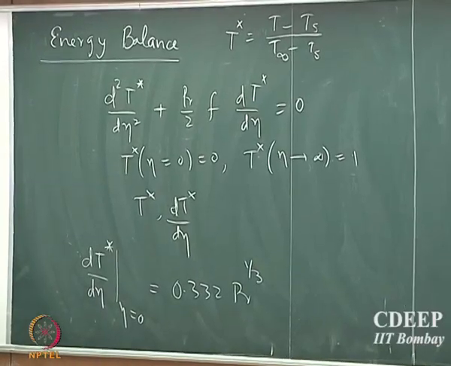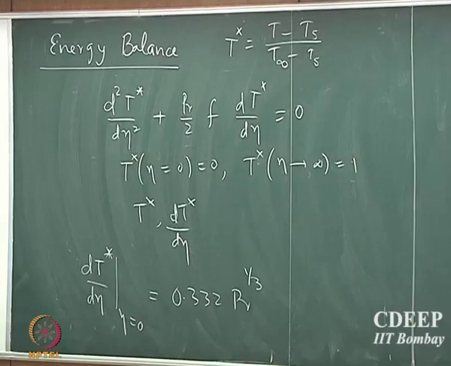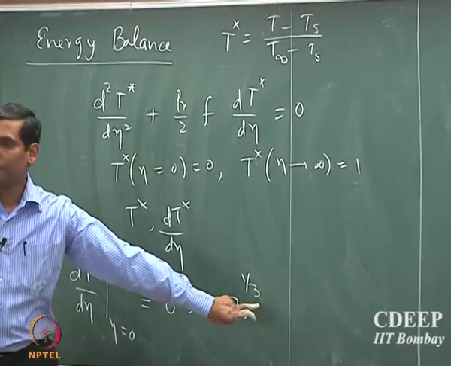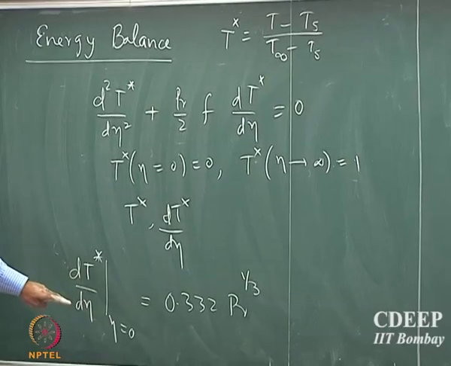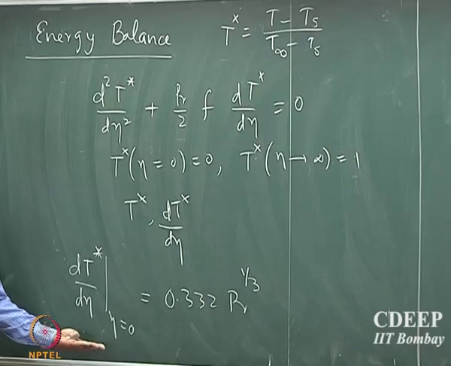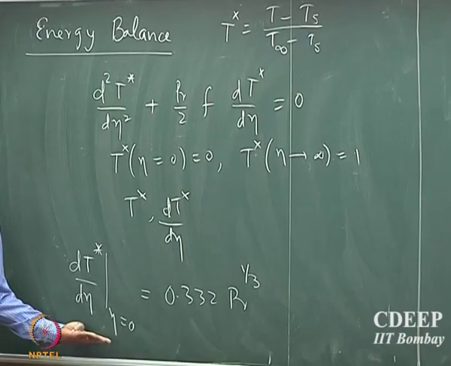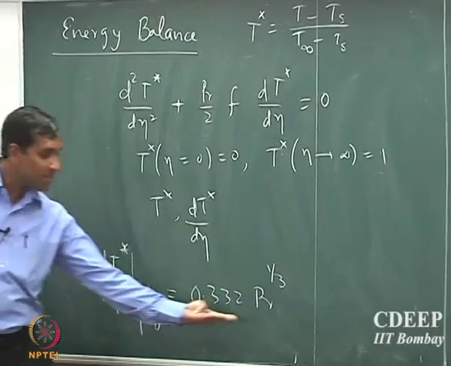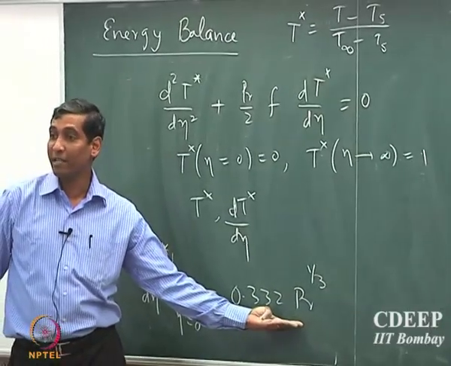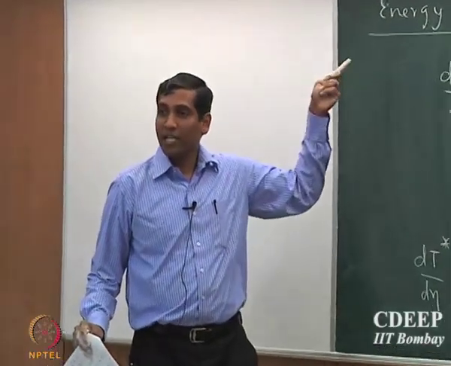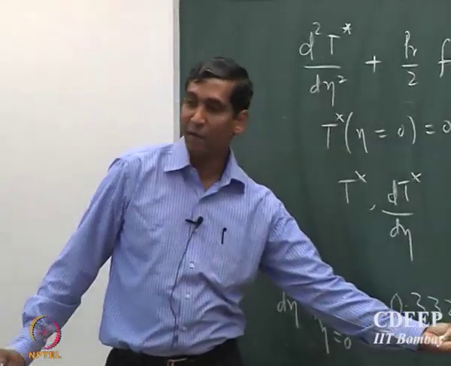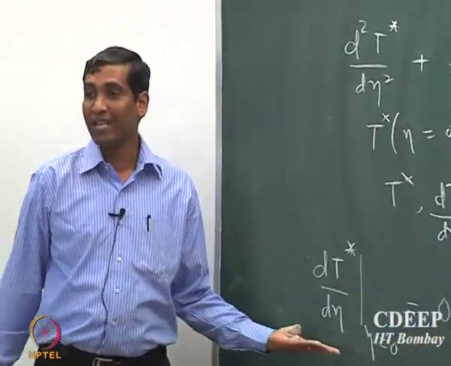Okay. So note that we never knew what this exponent n is supposed to be. So by solving the actual equations, what has been found is that the gradient at the boundary scales as Prandtl number to the power of 1 by 3. So the scaling for Reynolds number comes from eta, and the scaling for Prandtl number actually comes from the gradient.